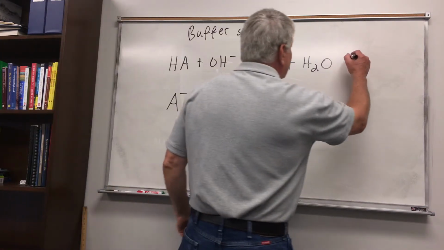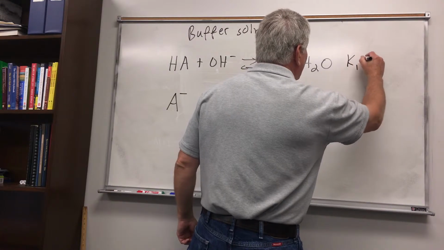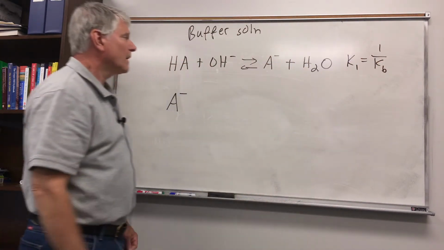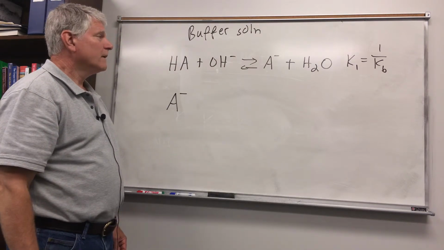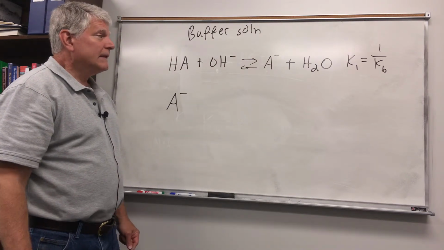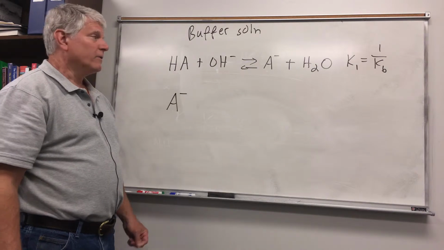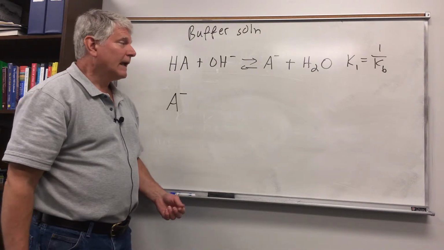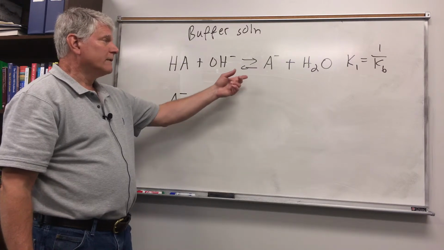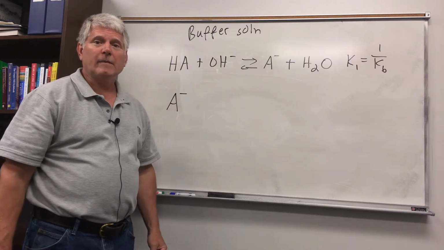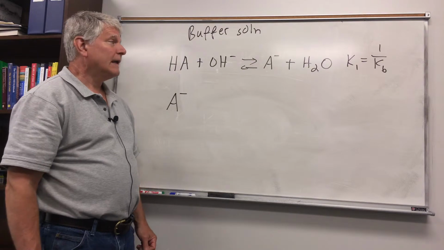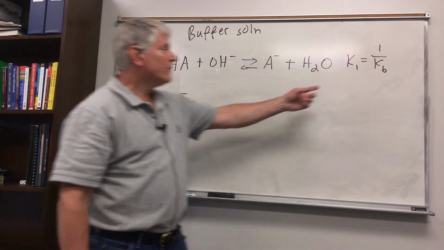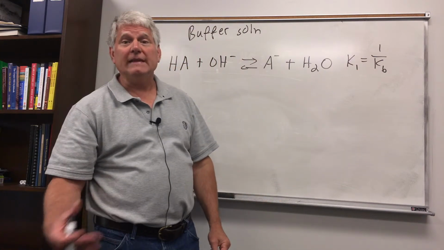So this equilibrium constant is equal to 1 over Kb. I'll just call this K1. So Kb is usually small. So say if we had something close to acetic acid or hydrofluoric acid, say the Ka is 10 to the minus 4th, the Kb would be 10 to the minus 10th, and 1 over Kb would be 10 to the 10th.